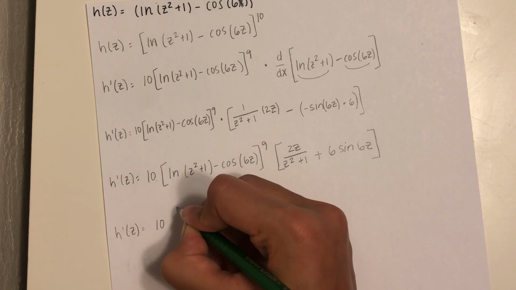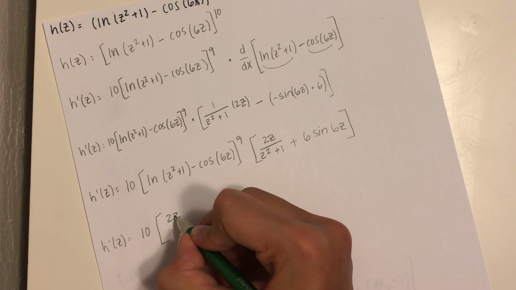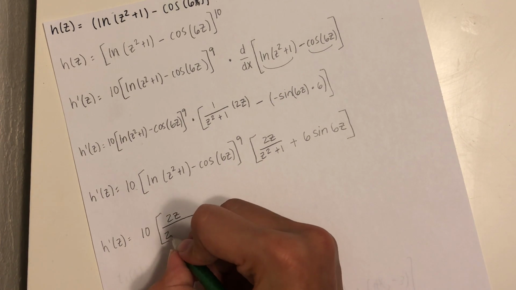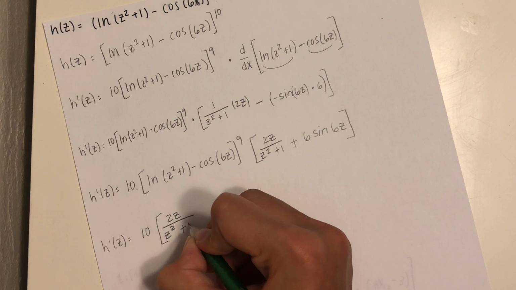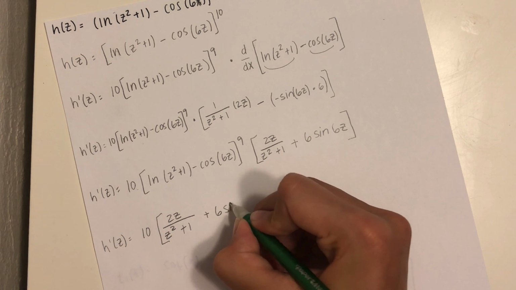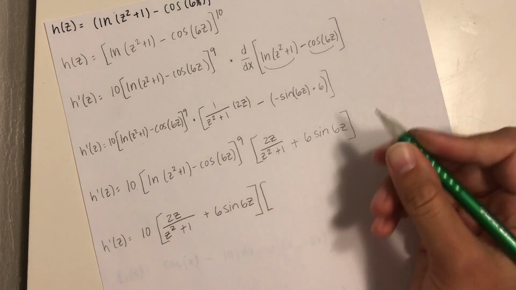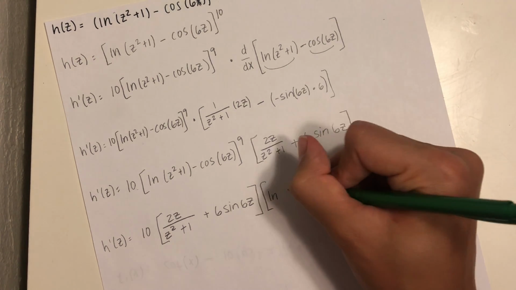So 10, and then the next lowest power bracket is this one, so it would be 2z over z squared plus 1 plus 6 sine of 6z, then times the natural log.